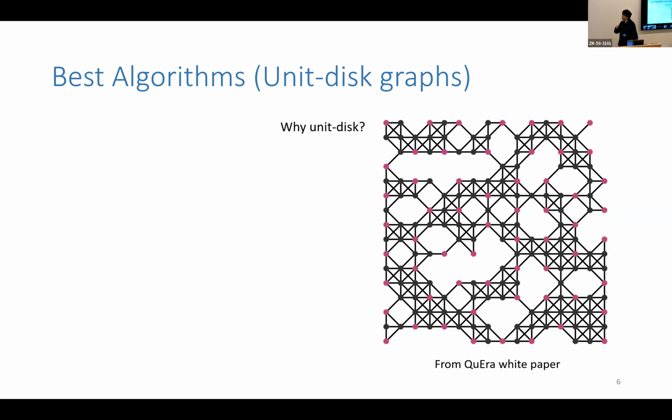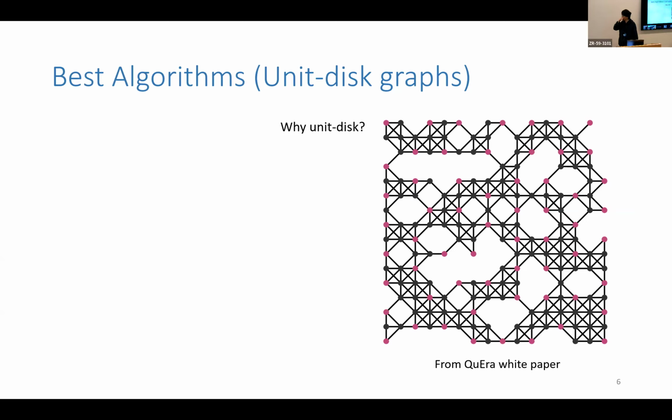So instead, we consider the unit disk graph, because by definition two vertices can have an edge only if they are geometrically close to each other, which is essentially the physical constraint in real experiments.